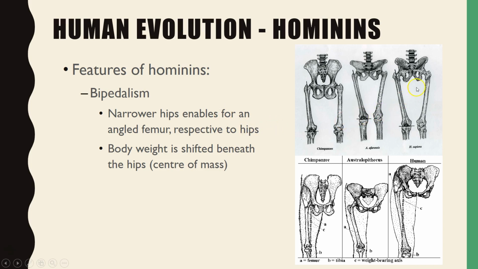As I already mentioned, we have narrower hips, and therefore we can have a greater angle at which the femur is angled away from the pelvis, which enables the body weight to be distributed.